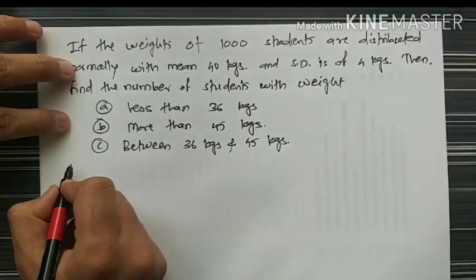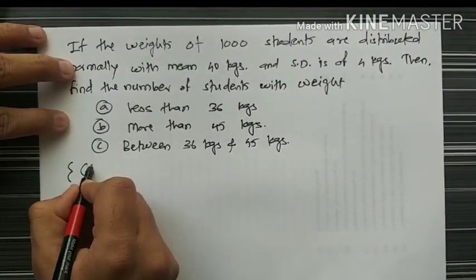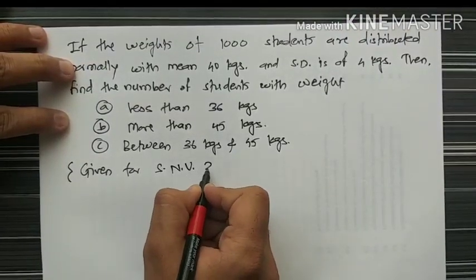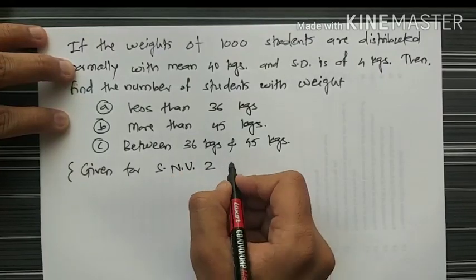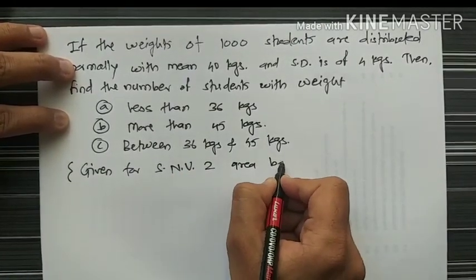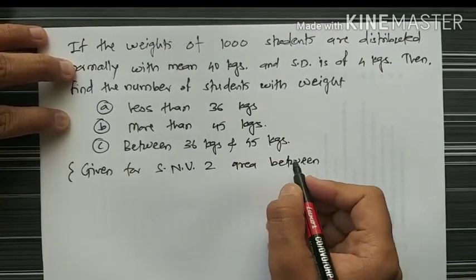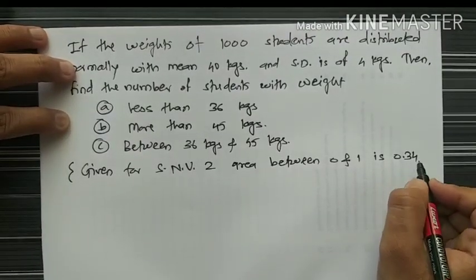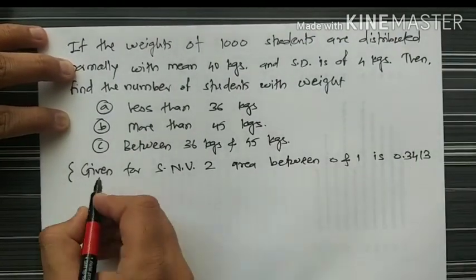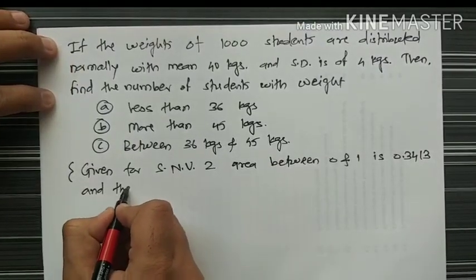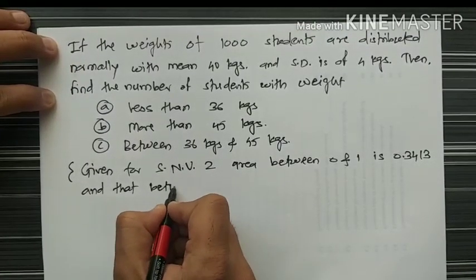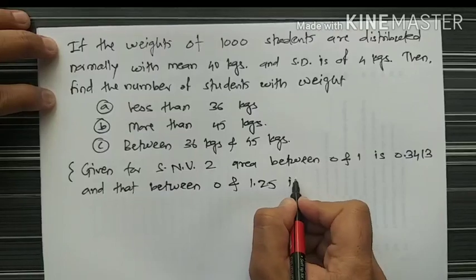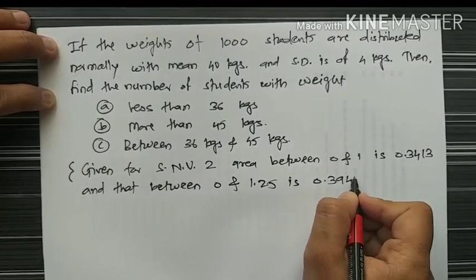Also, we have been given some additional information in curly brackets: for the standard normal variable Z, the area between 0 and 1 is 0.3413 and that between 0 and 1.25 is 0.3944.